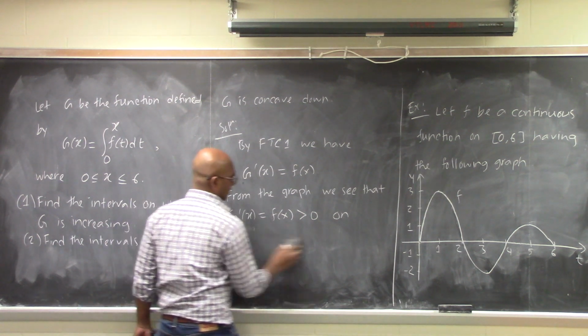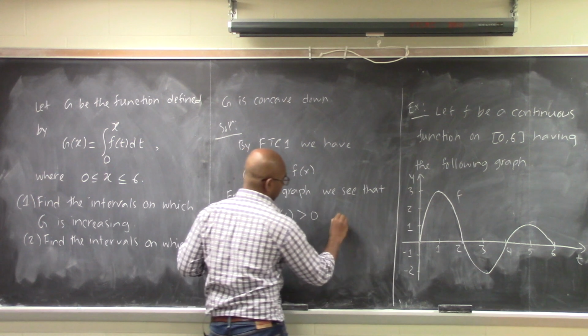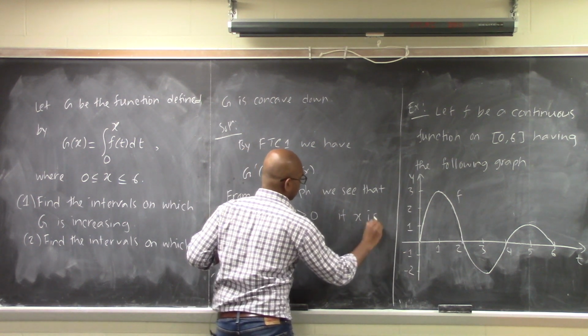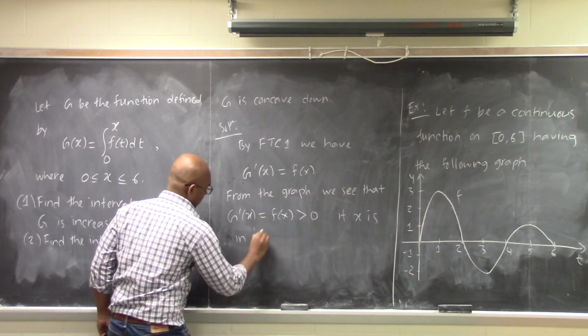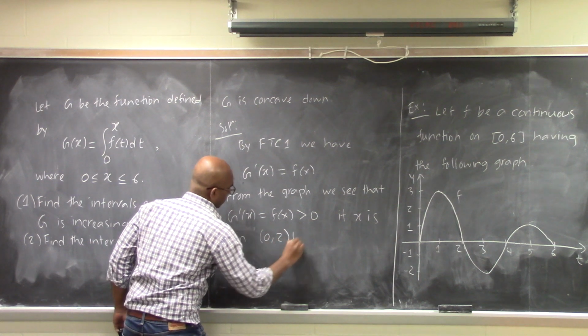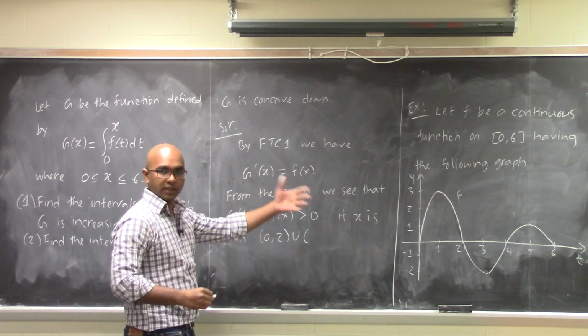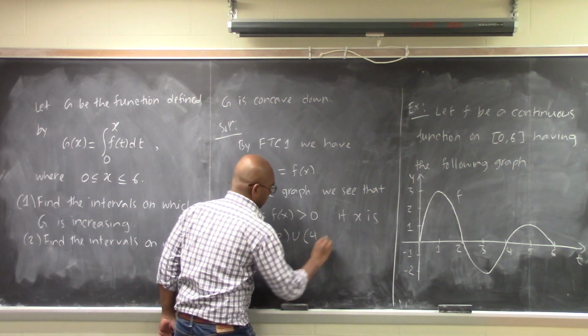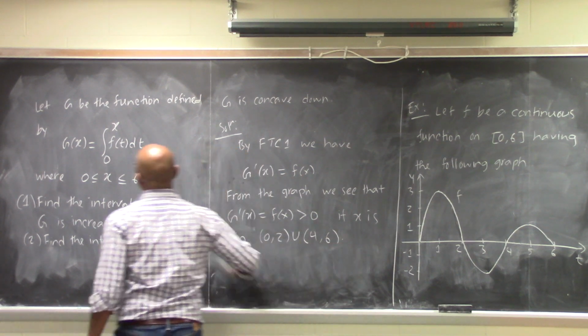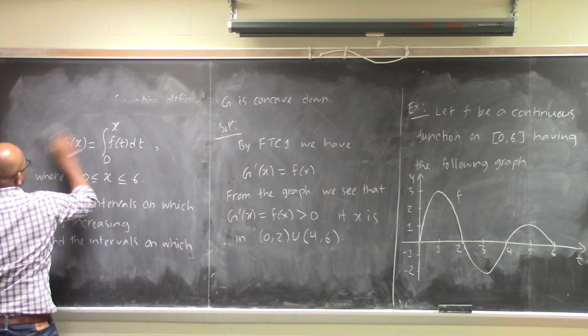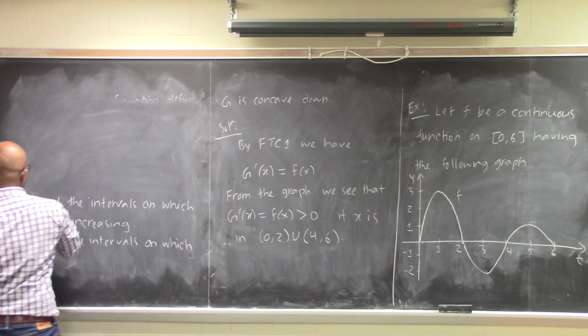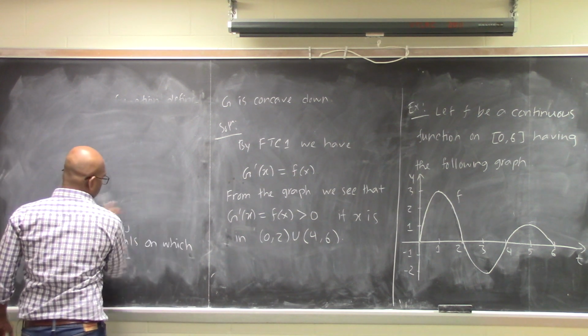Okay, so sorry, let me write this thing. It's positive if x is in the interval 0 to 2 union 4 to 6, right? Therefore, f is increasing, capital G is increasing on this interval.